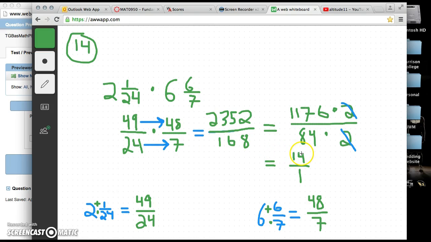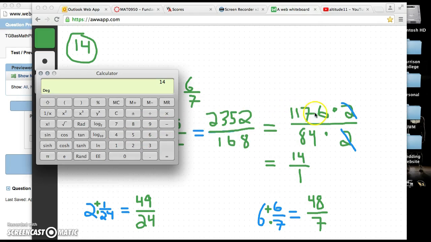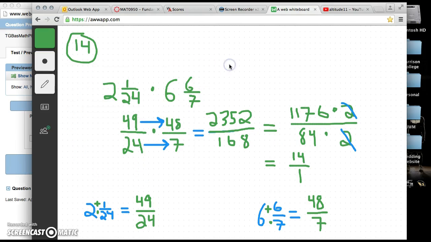This fraction is equal to 14 over 1, and we could show that by using these numbers here. Let me get out my calculator again. 1,176, if I divide 84 out of that, notice that that's equal to 14.